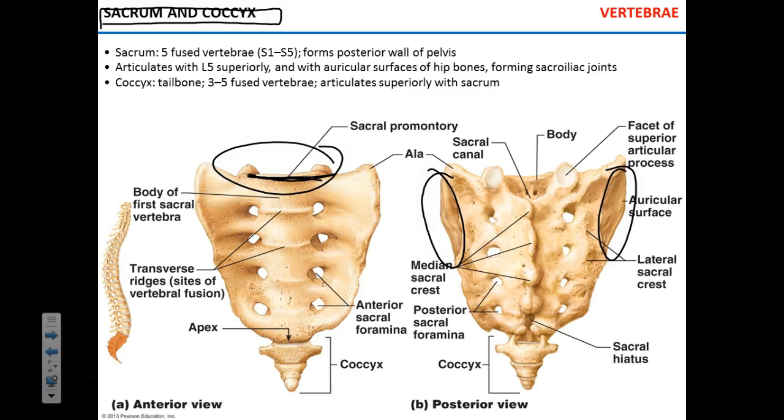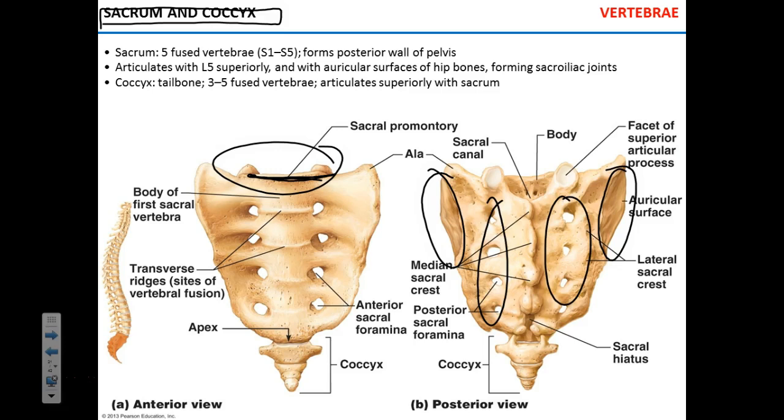Okay? The openings, called sacral foramina, allow the passage of the sacral spinal nerves. Does that make sense? Now you can see here, that's the fully assembled sacrum. That empty space right here is called the sacral canal.